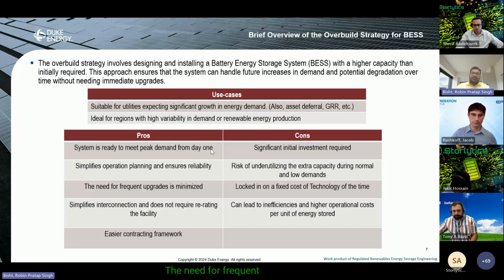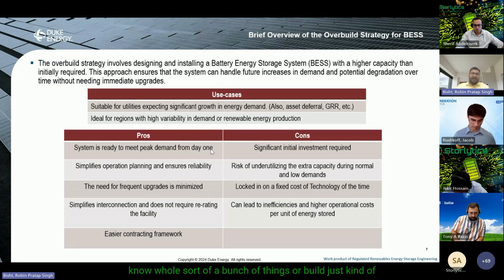The need for frequent upgrades: when we were thinking about what an augmentation strategy would look like, it was to align constructions with upgrades and a whole bunch of things. Overbuild does not require all that. You're just building in year zero and you just have the regular maintenance that you have to worry about.